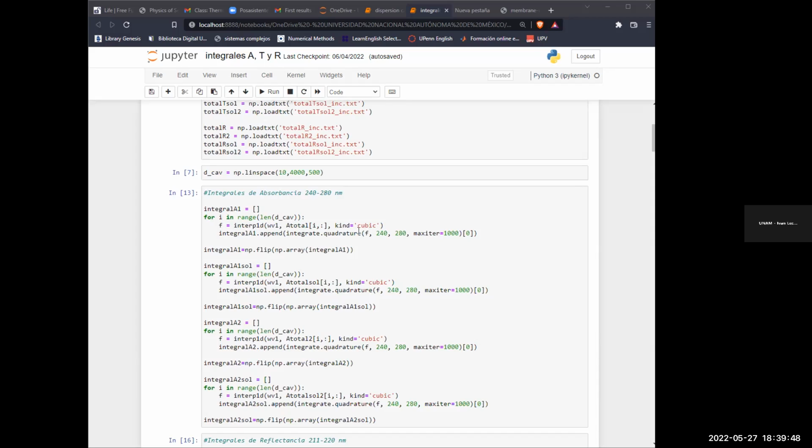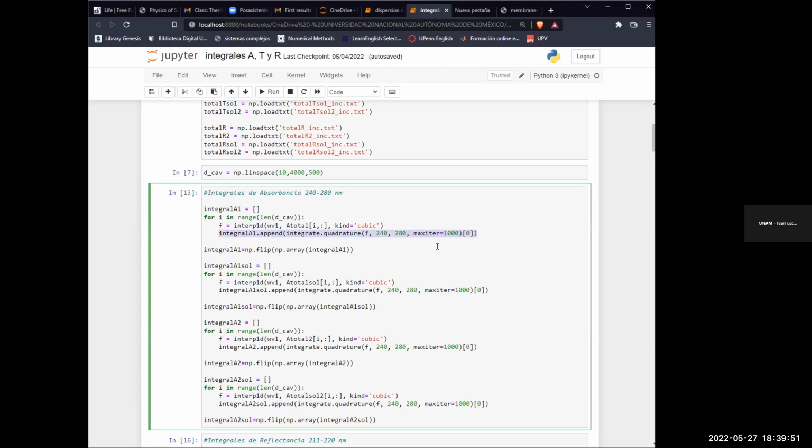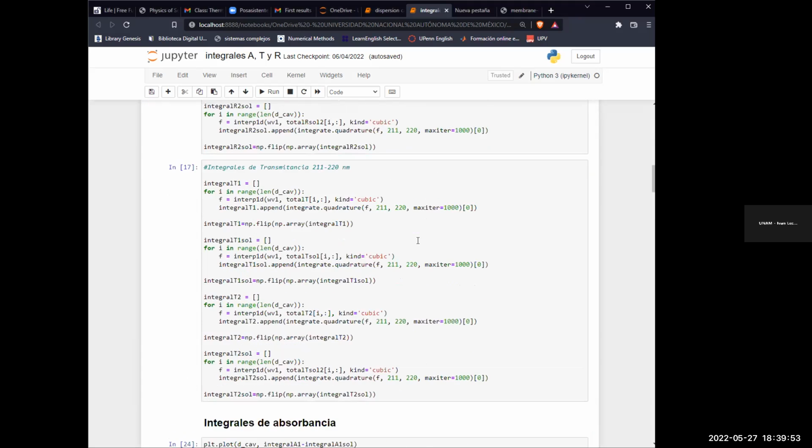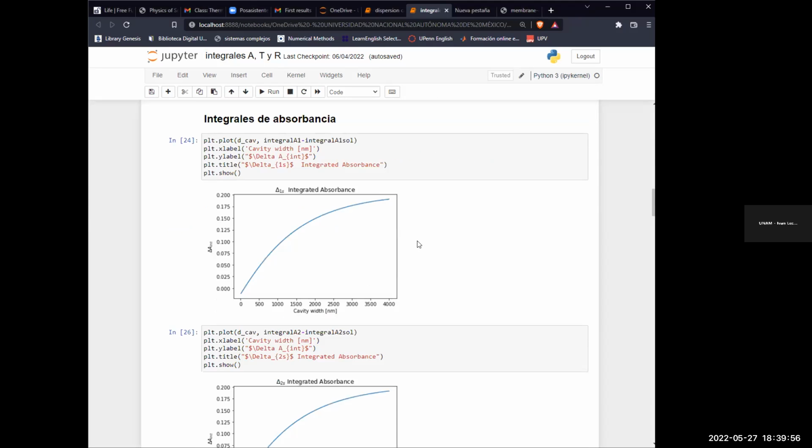So I made the integration, and the results are here. This is a comparison of the absorbance of the optical cavity I showed you some minutes ago, and compare with the same system but without the two membranes.